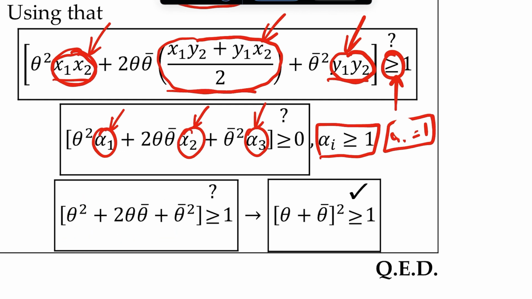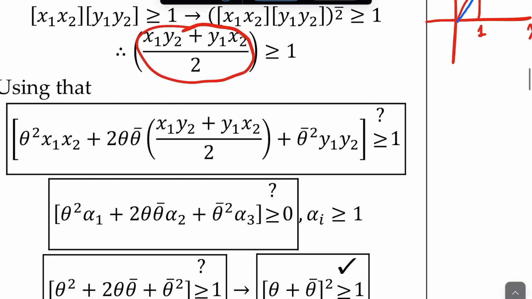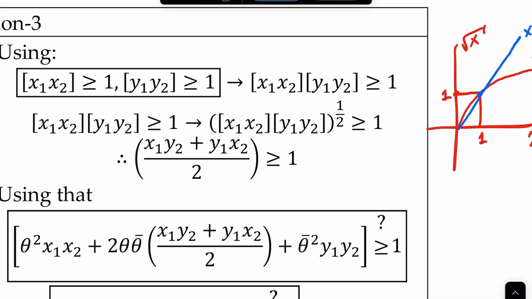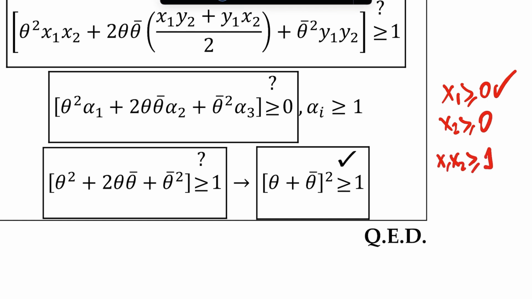So let's remember what we did. We did a lot of good things today. We have condition 1, and we proved that. We have condition 2, and then we also have condition 3. We proved all of them.